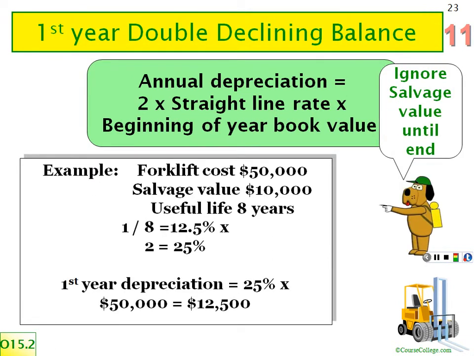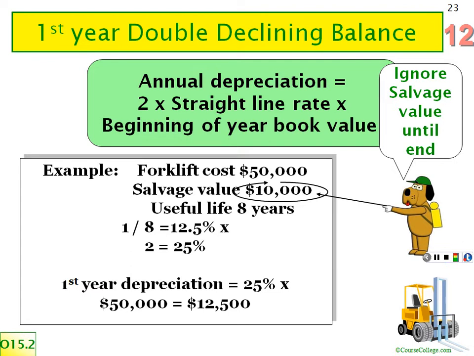So back to our forklift, $50,000 purchase cost, $10,000 salvage value. Now here's where the first problem students have is they can't get started in double declining balance. Well, if you agree with me on those previous 2 slides, you can get started pretty quick now that you know the technique and know what the words mean. But here's where we have our other problem.